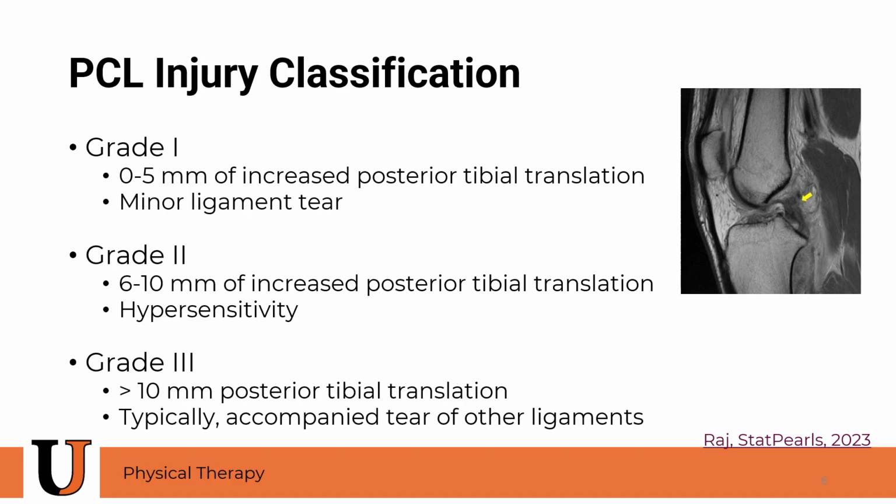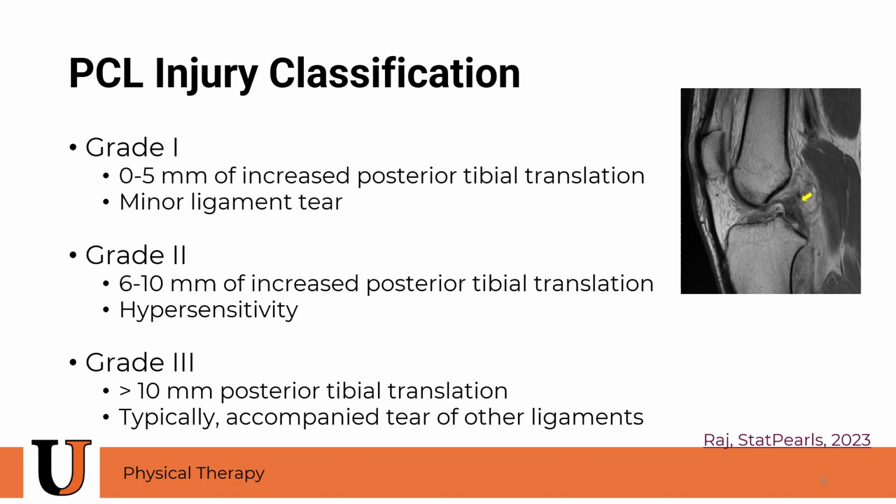However, I also want you to know that the main difference between this grading system and the other ones is that here it looks at the posterior tibial translation. Obviously, you're not going to look at that with LCL and MCL because it doesn't have anything to do with anterior-posterior translation, but with the PCL it does. So grade 1 would be 0 to 5 millimeters of increased posterior tibial translation. Another way that they measure that is if the tibia remains anterior to the femoral condyles.